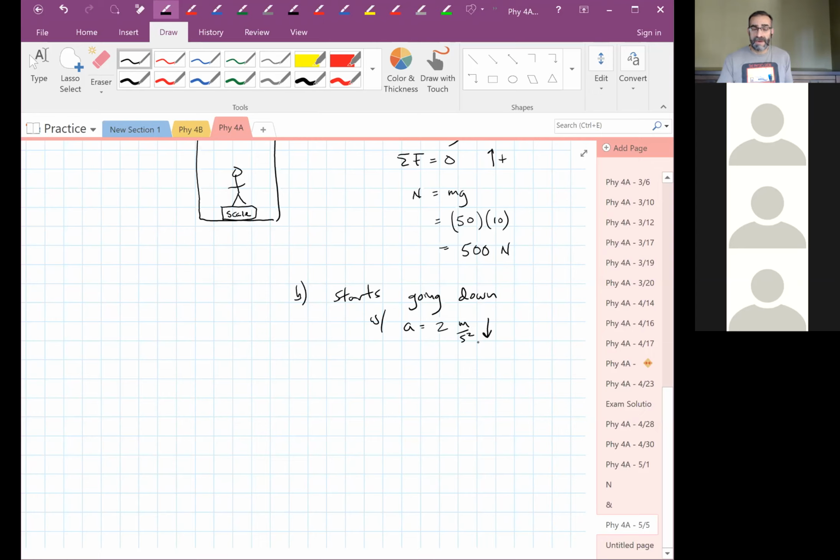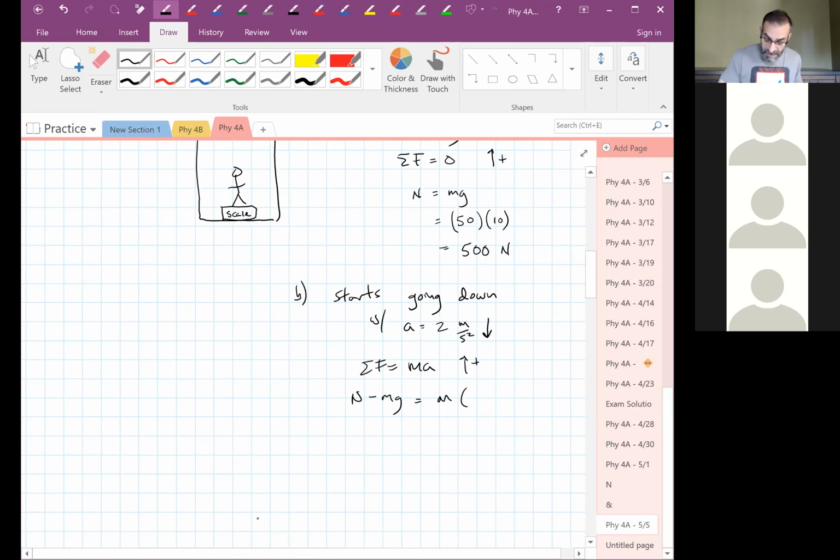So the apparent weight is how much the person is interacting with the surface they're on. And the normal force from our scale, the scale reads the apparent weight, right, which is the normal force. So what do they weigh here? Sum of the forces equals ma. I'll say up is positive. So I have a normal force in the positive direction, force of gravity in the negative direction, m times the acceleration.